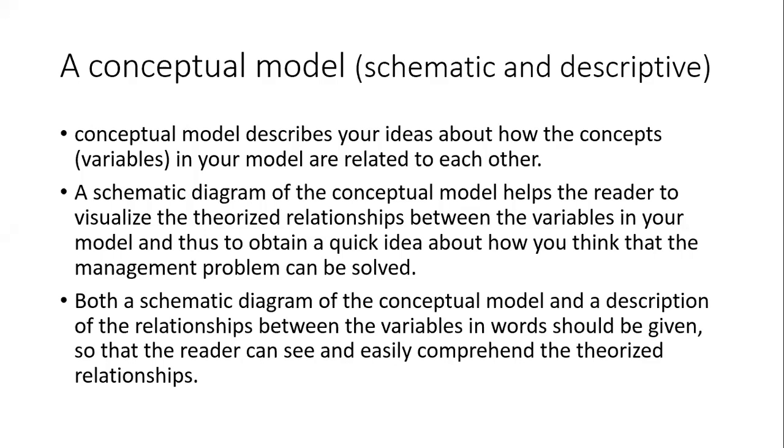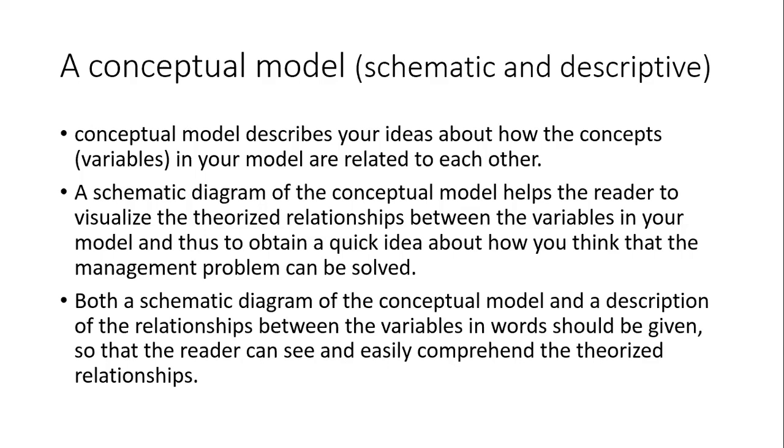जैसे हमने last research paper में we just saw that the patronage intention was हमारा the main dependent variable. So what we did, we developed a conceptual model with the organism and with the stimulus. Okay, both a schematic diagram of the conceptual model and a description of the relationship between the variables in words should be given so that the reader can see and easily comprehend the theorized relationship.